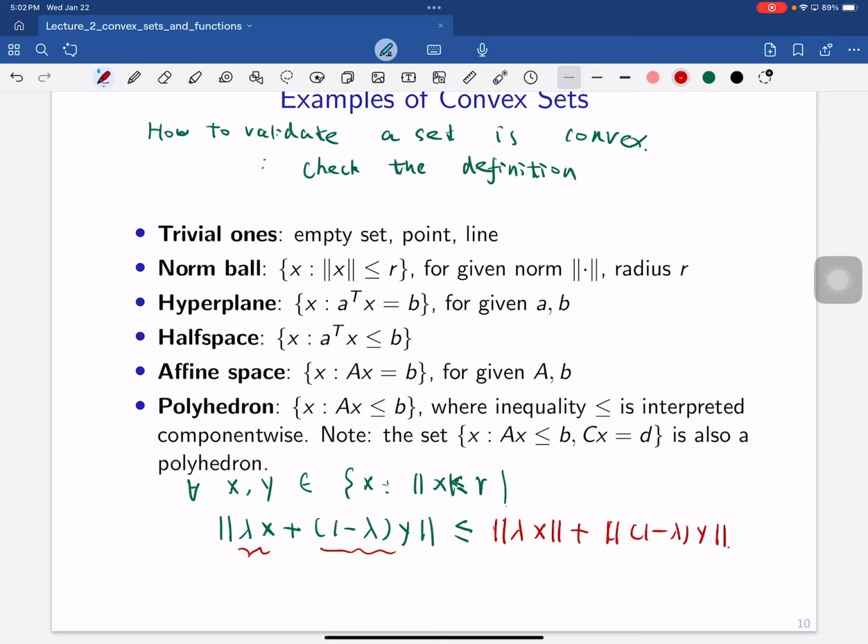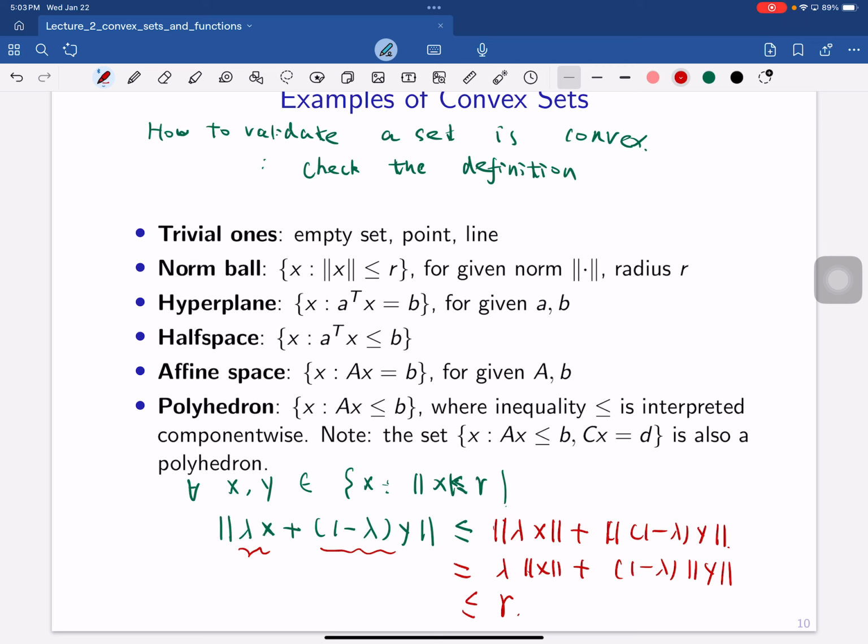Now what do you do next? Yes, you can take lambda out because lambda is a scalar. So this is nothing but lambda times the norm of x plus (1 minus lambda) times the norm of y. Because the norm of x and the norm of y are less than or equal to r, this thing is less than or equal to r. So now we are done with that.